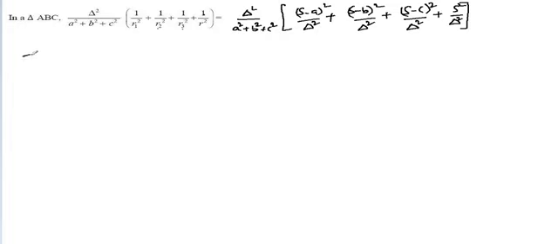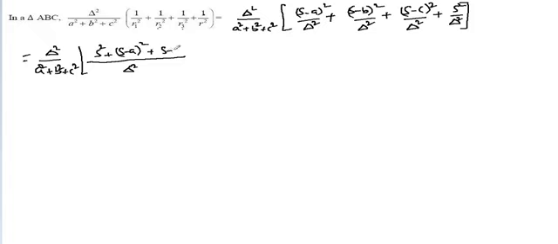So take LCM, that is delta square is LCM, delta square by a square plus b square plus c square into, here is LCM delta square, plus s square plus s minus a whole square plus s minus b whole square plus s minus c whole square. Here delta square cancel, that is equal to s square.